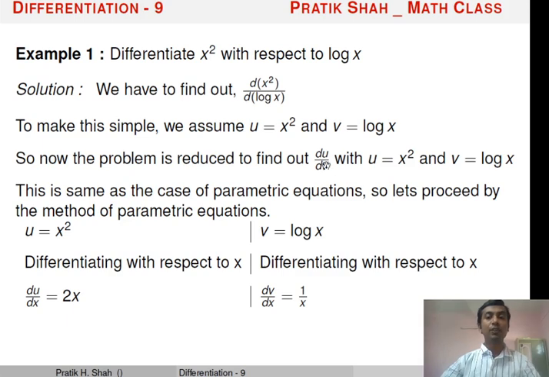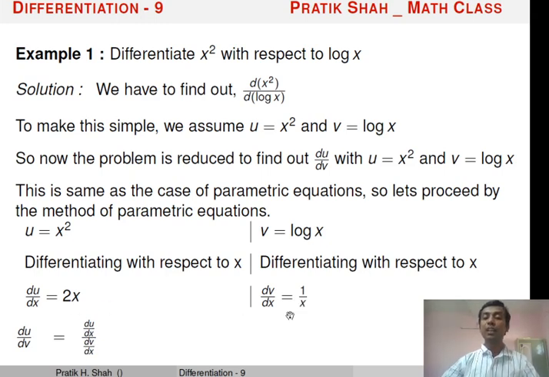Our question is to find out du by dv, and we know that it can be obtained by taking division of these two. So du by dv can be written as du by dx divided by dv by dx. You can check one more time: du by dv, this is our original question. To find out, this is equal to division of these two, du by dx divided by dv by dx.